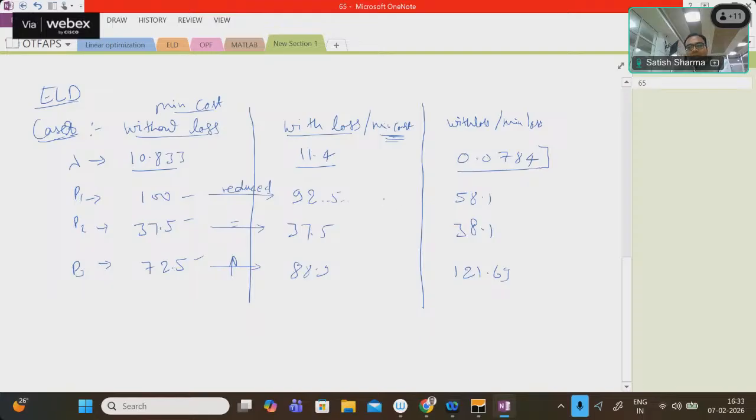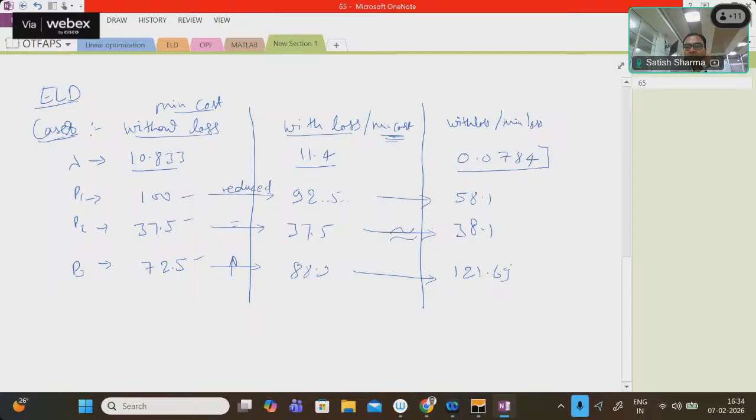Now if I look at the third one, you can see that this is roughly around the same, 37.5 to 38.5, but from P1 to P3, you can clearly see, and we also have seen, that the third generator is creating less losses, and the first generator is creating very high losses.